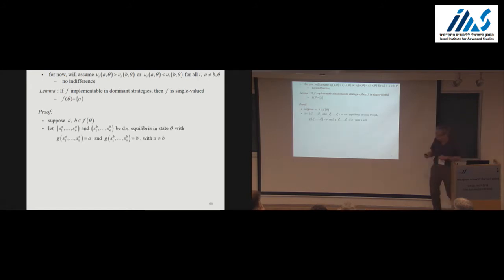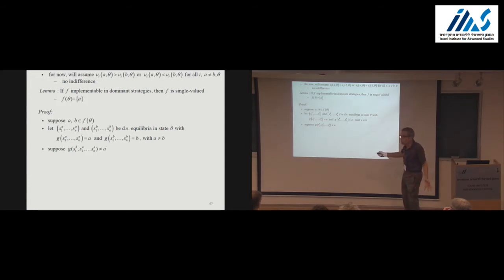Suppose that there were two optimal outcomes in state theta, A and B. That would mean that there has to be a dominant strategy equilibrium leading to A, and there has to be a dominant strategy equilibrium leading to B. Now, what happens if we look at this configuration of strategies?